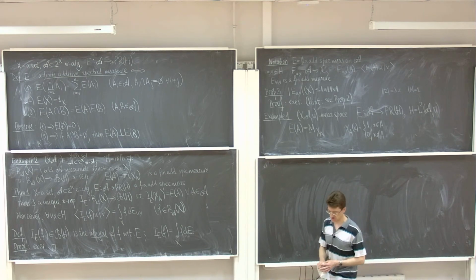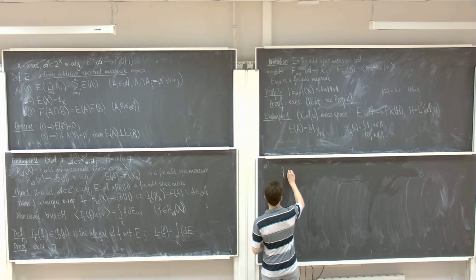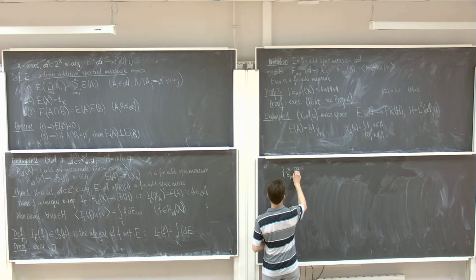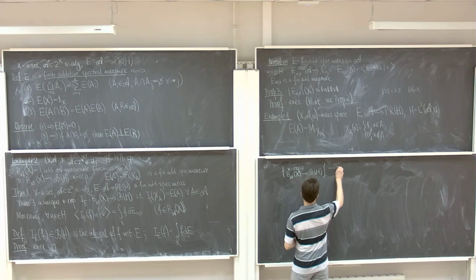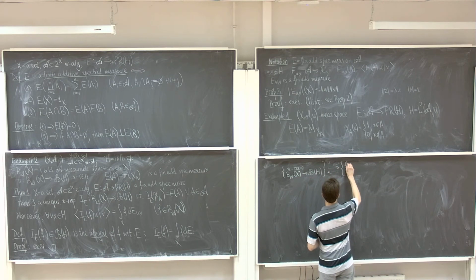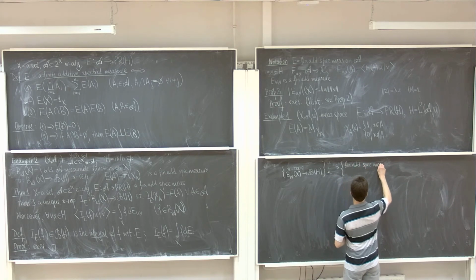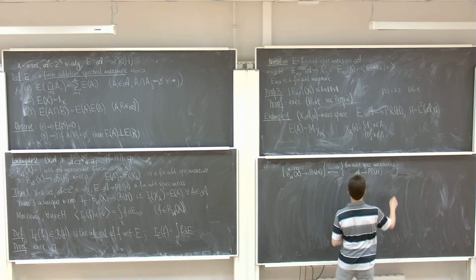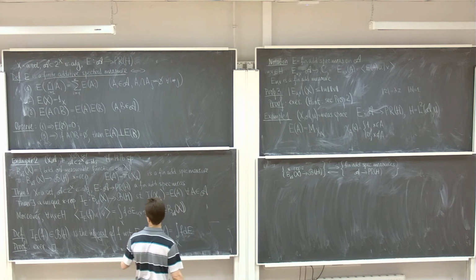We have a one-to-one correspondence between star representations of the algebra of bounded measurable functions and the set of all finitely additive spectral measures on A. So the correspondence is given by example 2 and theorem 1.